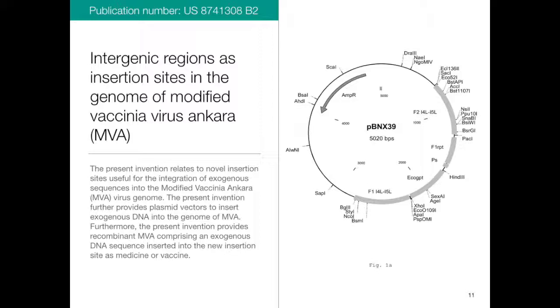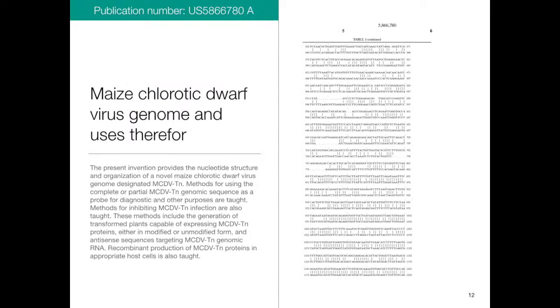The present invention further provides plasmid vectors to insert exogenous DNA into the genome of MVA. Furthermore, the present invention provides recombinant MVA comprising an exogenous DNA sequence inserted into the new insertion site as medicine or vaccine. Number 11. Maize chlorotic dwarf virus genome and uses therefor.